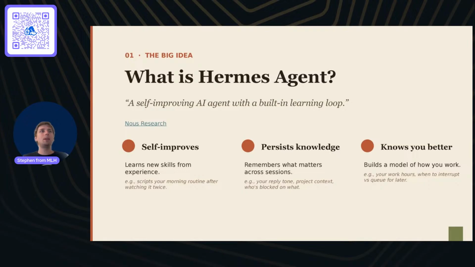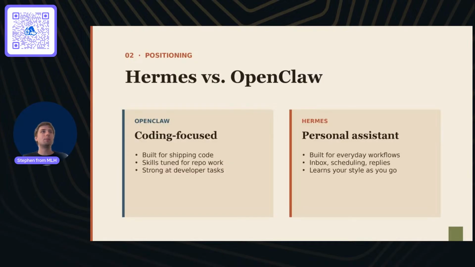There might be some folks in the audience who've heard of something called OpenClaw, and I want to make it clear that this is slightly different than OpenClaw. OpenClaw is very complicated to use compared to Hermes. It's more focused on coding and making edits in a repo or doing developer-related stuff.